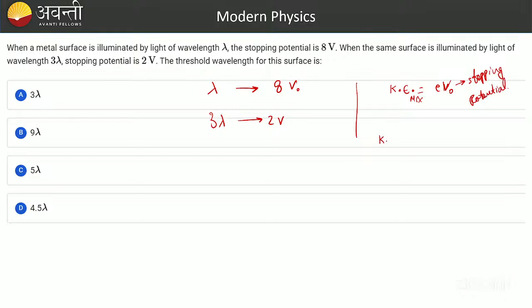But there is another equation also: maximum kinetic energy is the difference of incident energy, that is h nu, minus the work function of the material. So we have e V naught equals h nu minus work function. We can write nu as c upon lambda because the photon is traveling with the speed of light. So it's hc upon lambda minus hc upon lambda naught.